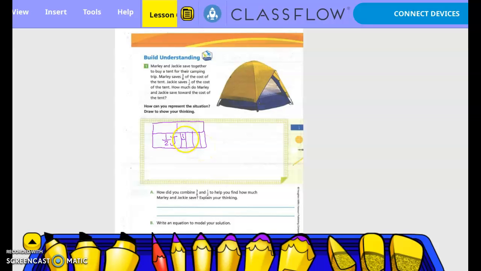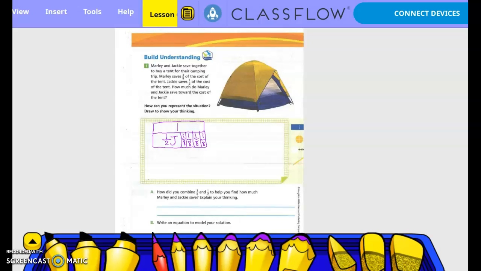You told me that there were 4 eighths to make a half. And then how many of those eighths does Marley have? 3, right? If I lightly color those 3/8 in, how much do we have left then? We have this 1/8 left that they still have to get to cover the cost of the tent, correct?